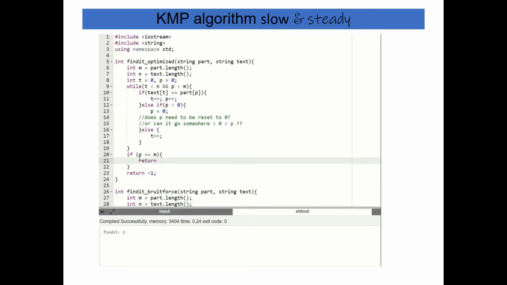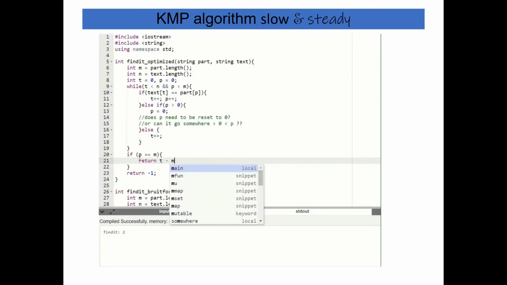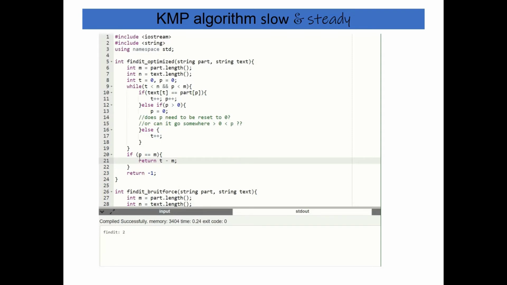So we can just return the index into text less than m characters, that is the size of the part. If we have matched the whole of part and we are at position t, then we would have been at position t minus m when we matched the first character in part. So we return t minus m over there.